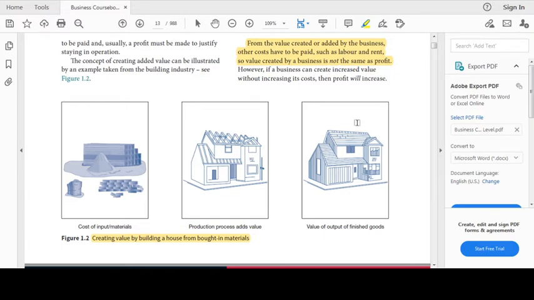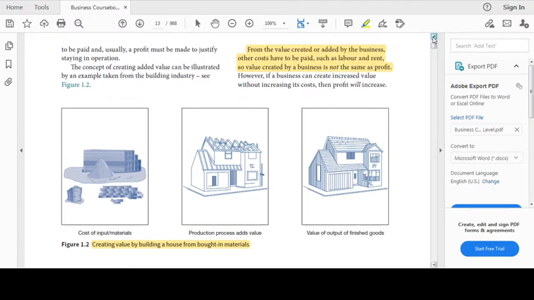You will be selling this house for maybe 5 to 10 times the cost of the materials, or maybe 6 to 7 times, according to the area where the house is. Adding value increases the worth of that thing, because you put in ideas and efforts and make it new. That's why it increases the price or value.